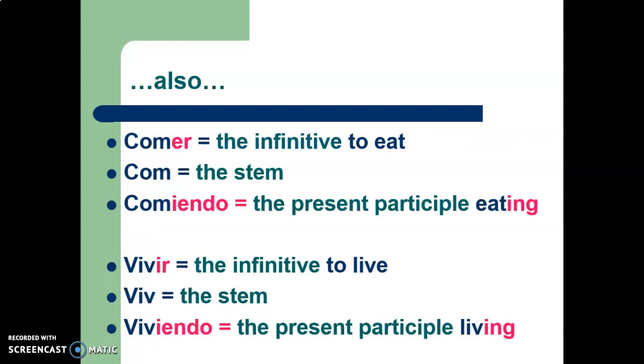The verb comer is an -er verb. So we take off the -er, we're left with com, and then that becomes -iendo, so comiendo. The next one is the verb vivir, which is an -ir verb. So you take off the -ir, that leaves you with viv, and then you add on -iendo. So then you're left with viviendo.